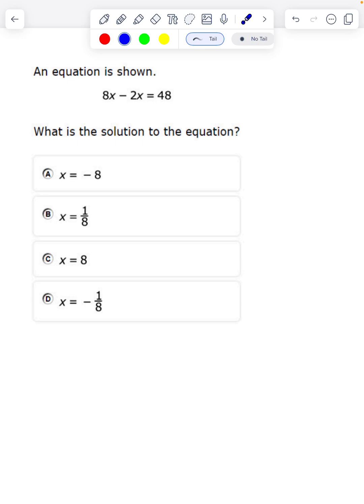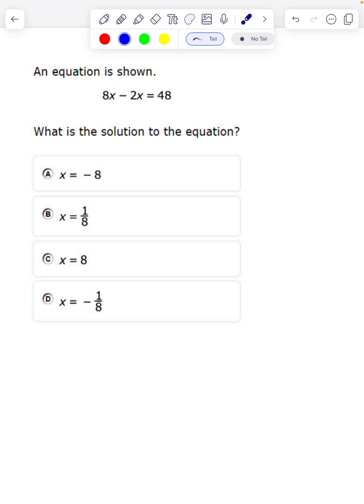So our first question says an equation is shown: 8x minus 2x equals 48. And it says, what is the solution to the equation? So we know the first thing that we're going to do is we need to combine like terms. So remember, anytime you have a number and a letter, you can just give that letter a word to go with it.